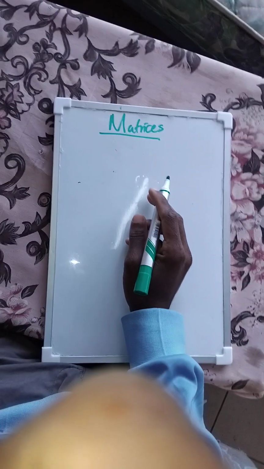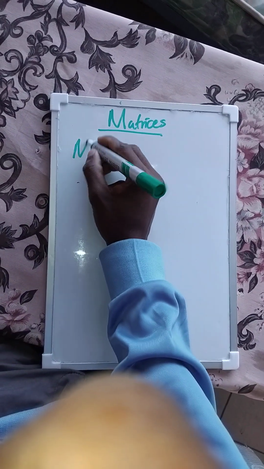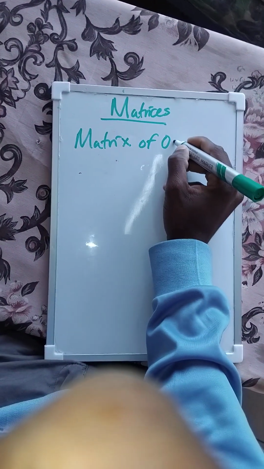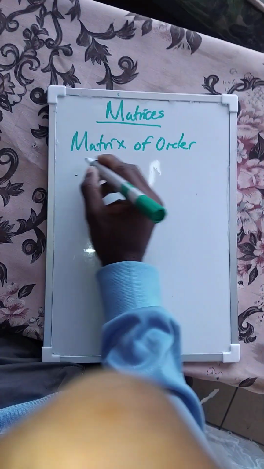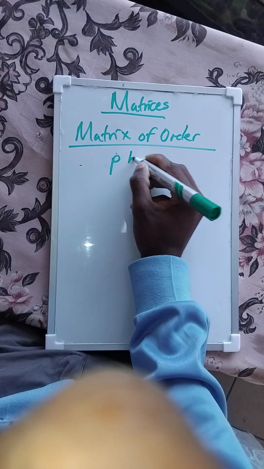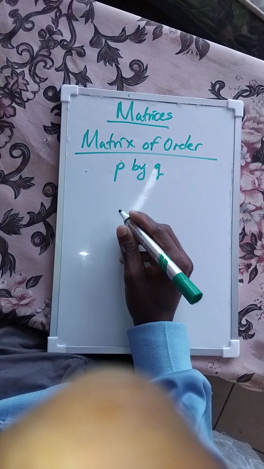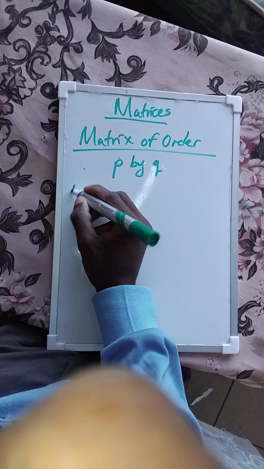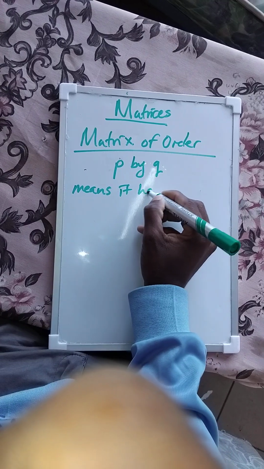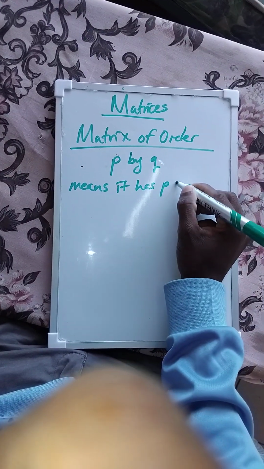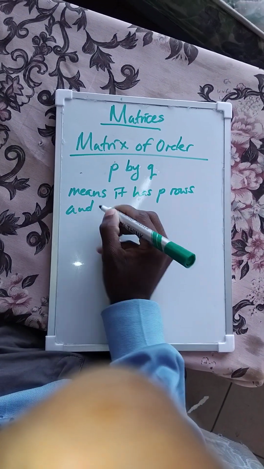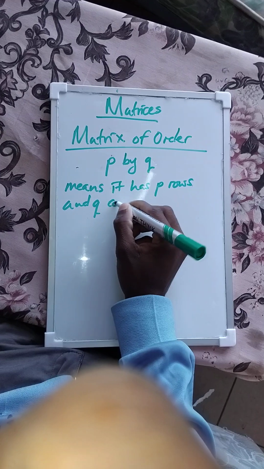So now let's move on to matrix of order. Matrix of order, it's P by Q. So it means P is rows and Q is columns.